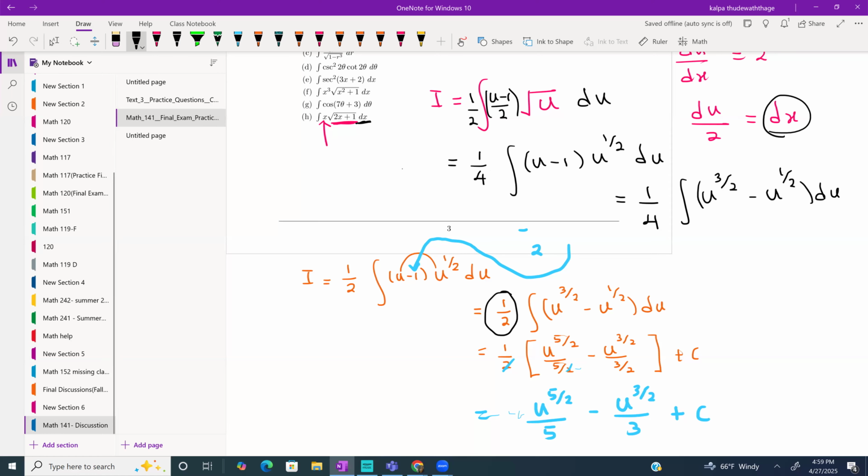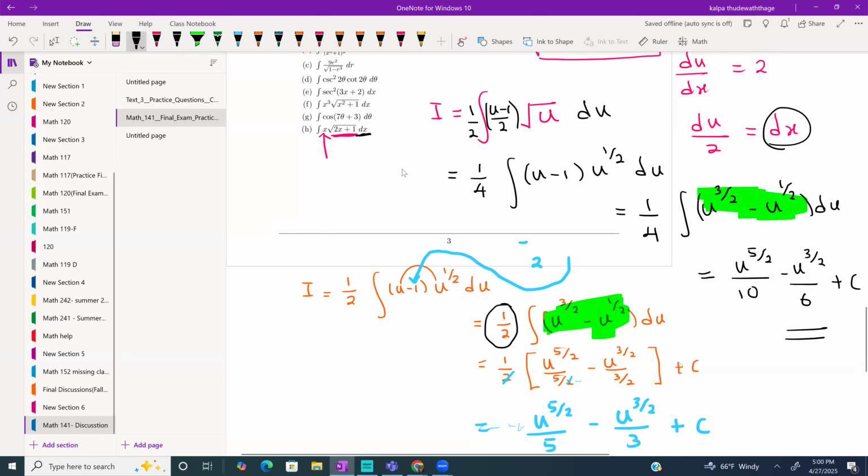See, you have only half. If you think about this part, it's the same as this one. So it's just the previous one, you divide by 2 one more time, because it's just 2 over there. So I can write u to the 5 over 2 over 10, minus u to the 3 over 2 over 6, plus C. Just by looking at part G, which is the last one.